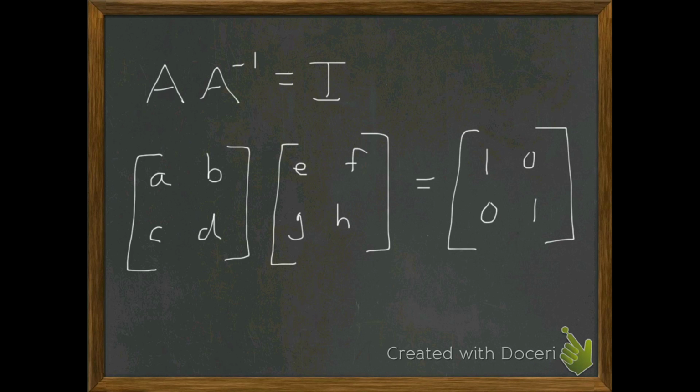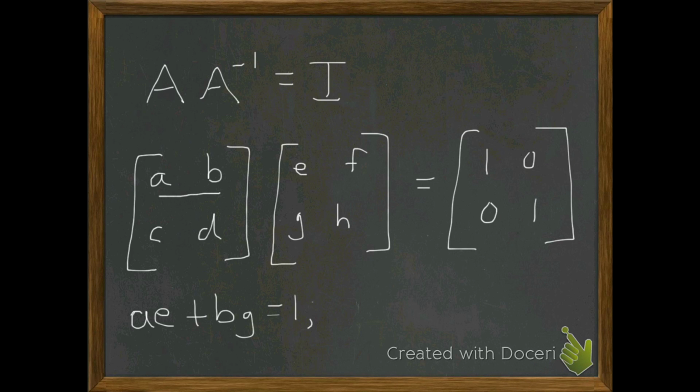Now I'm just going to get the ball rolling here. So what we need is a linear combination of AB, EG. So we need AE plus BG equal 1.